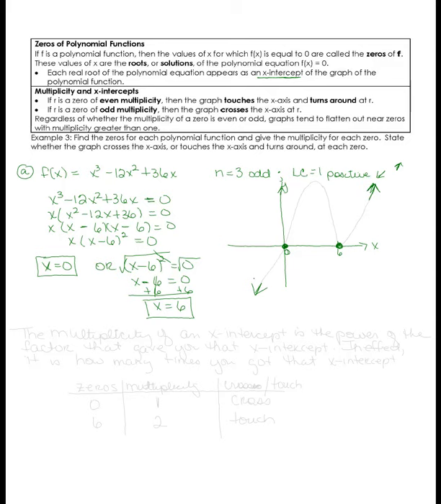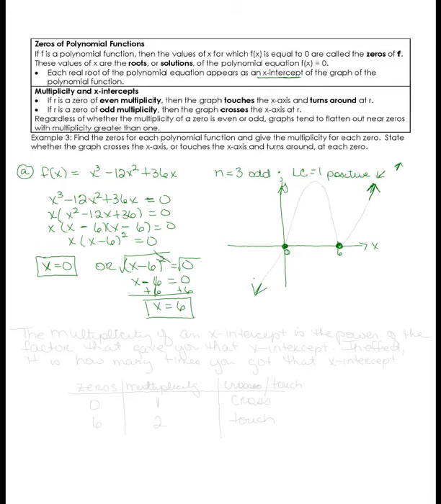This is where the next term comes in, multiplicity and x-intercepts. It says if r is a zero of even multiplicity, then the graph touches the x-axis and turns around at r. I'll talk about what r means. Then it says if r is a zero of odd multiplicity, then the graph crosses the x-axis at r.